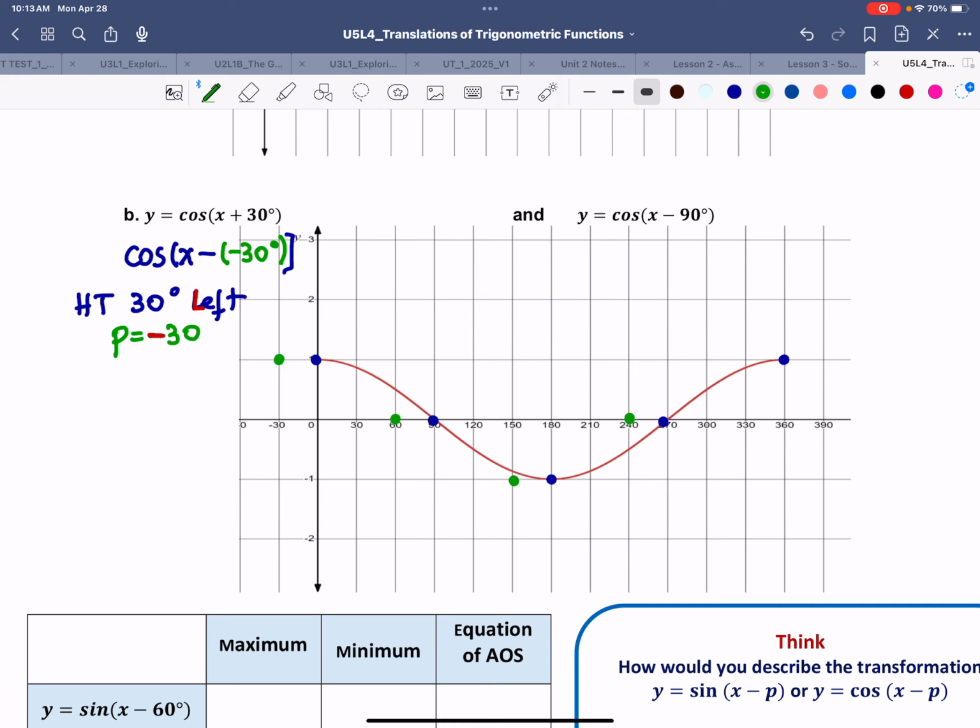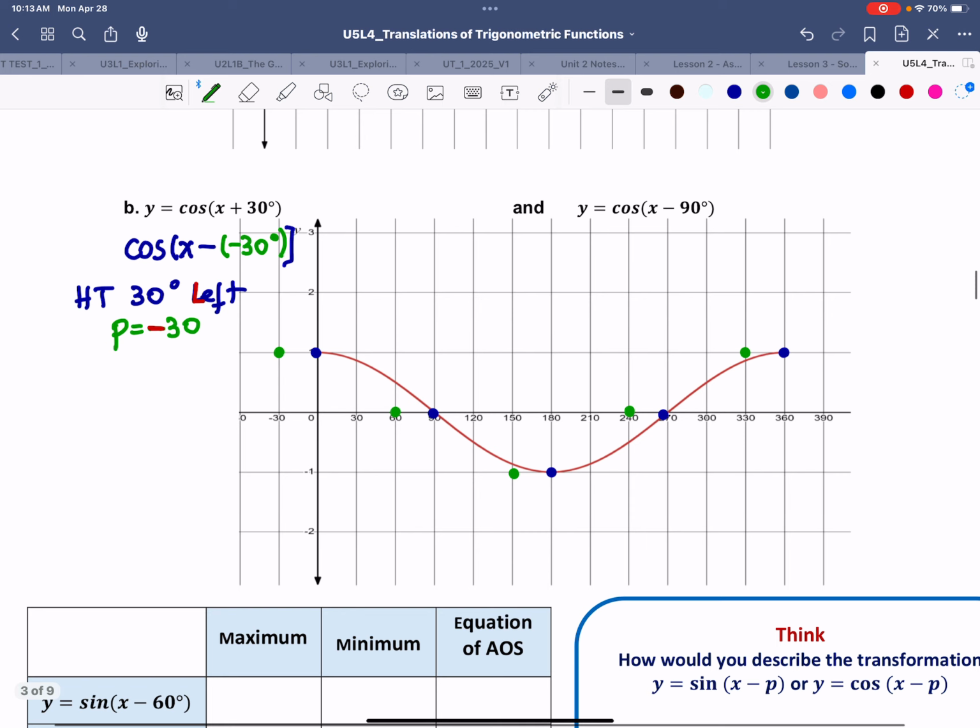And here goes the cosine curve that's been translated 30 degrees to the left.